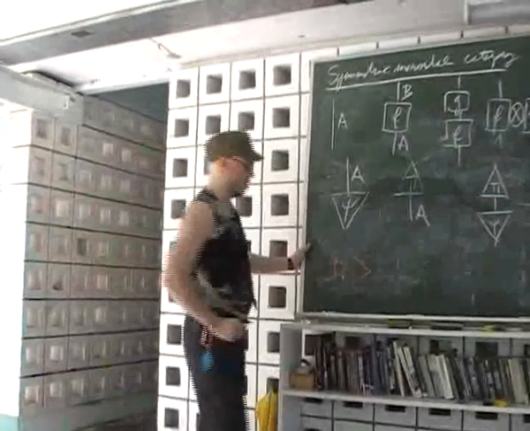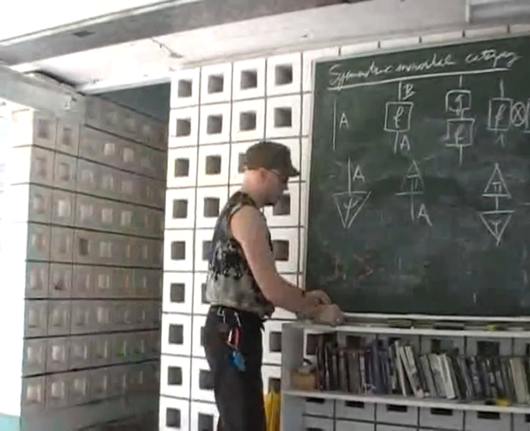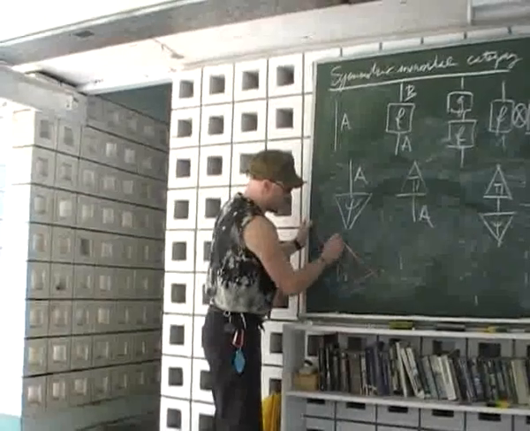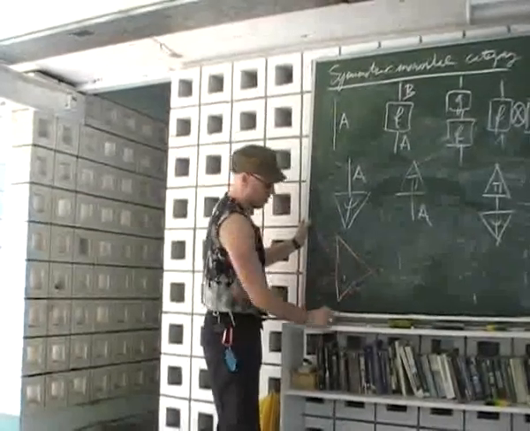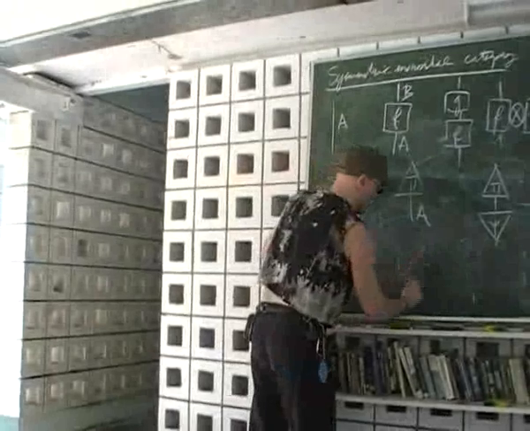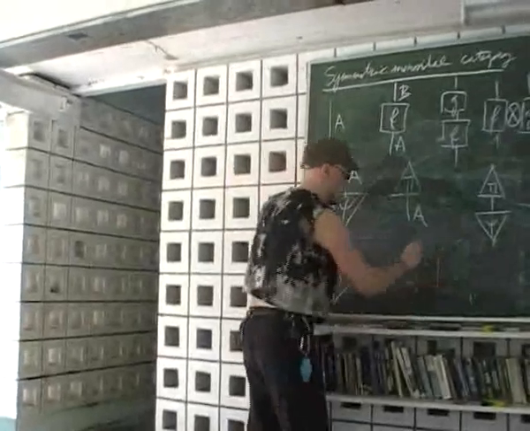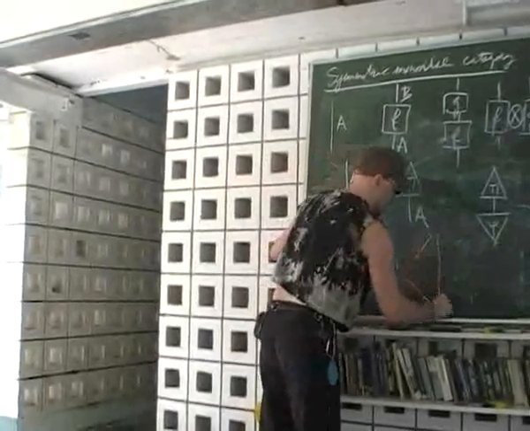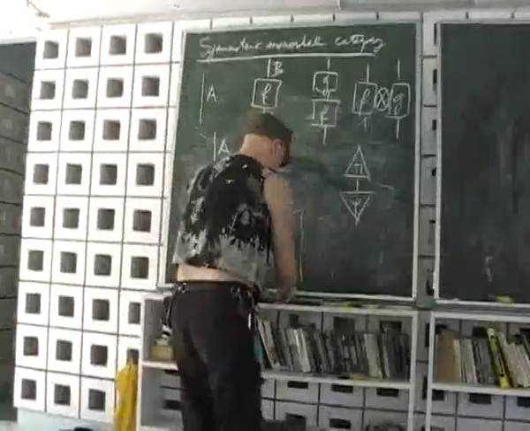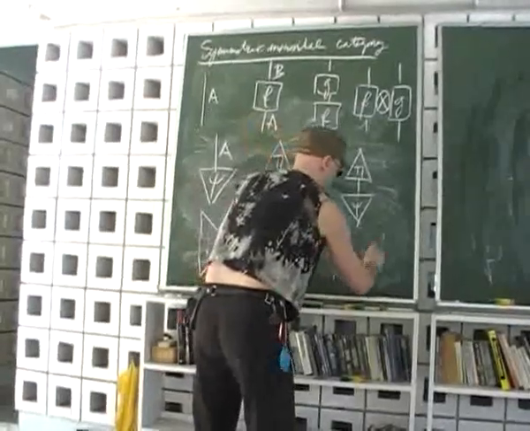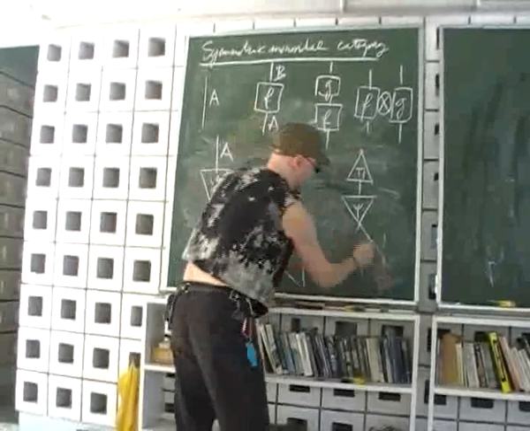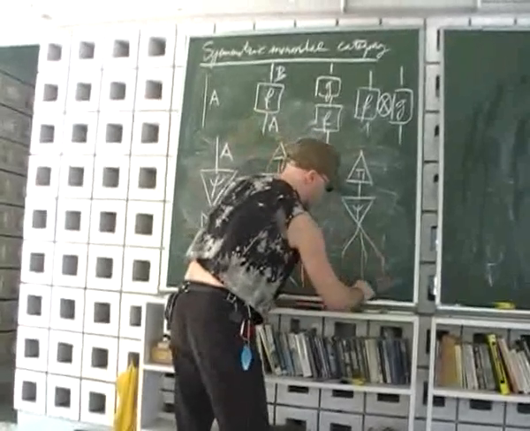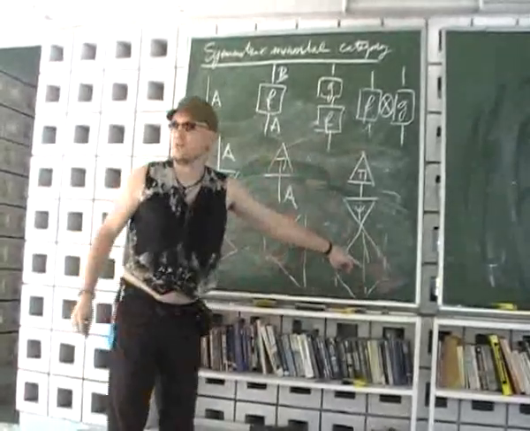So everybody knows this. If I close this down, then I get a triangle. Everybody knows this. And if I close this down, I get two triangles meeting each other.